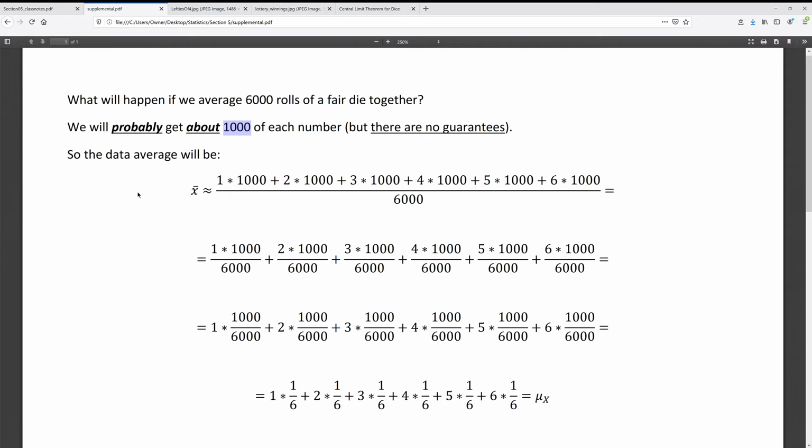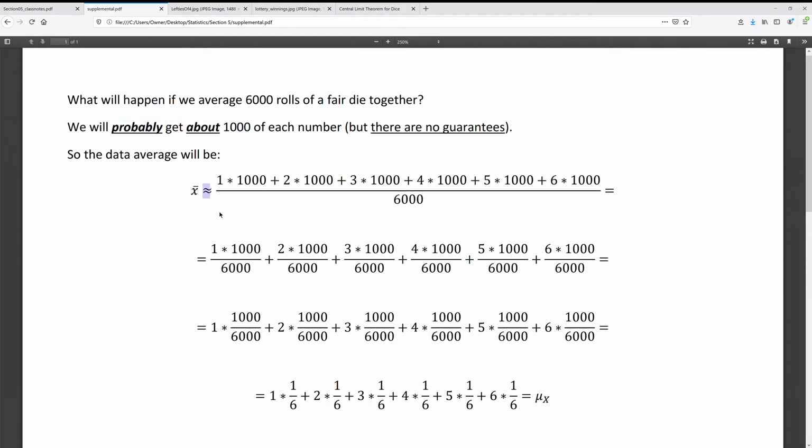But loosely speaking, probably about 1,000 of each. It is just as important that it will probably be about 1,000 1s as it is that it will probably not be exactly 1,000 of each either. So this is very important.